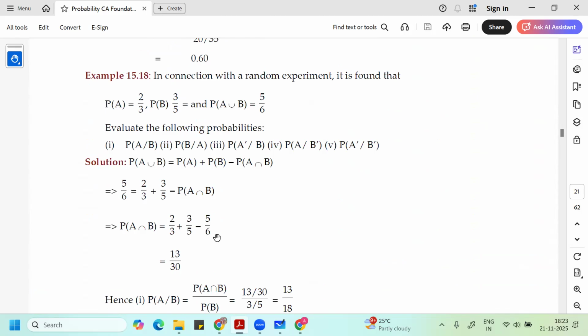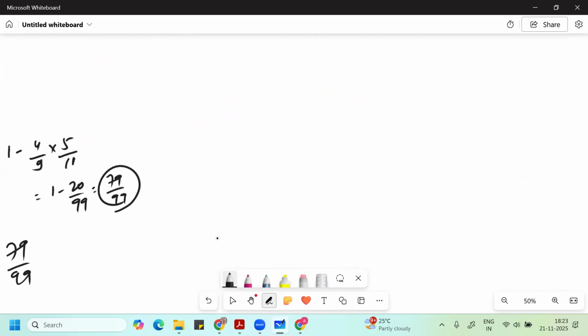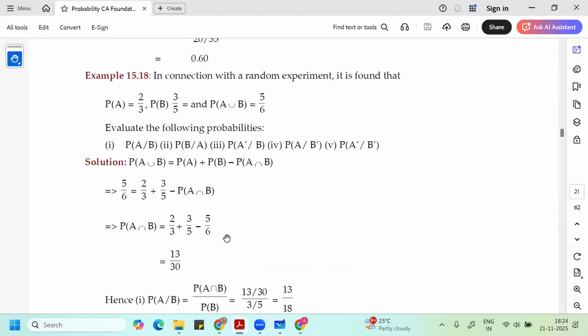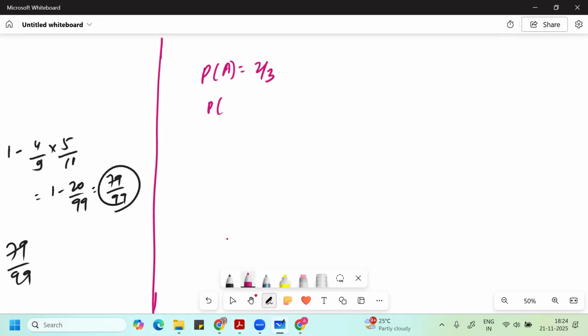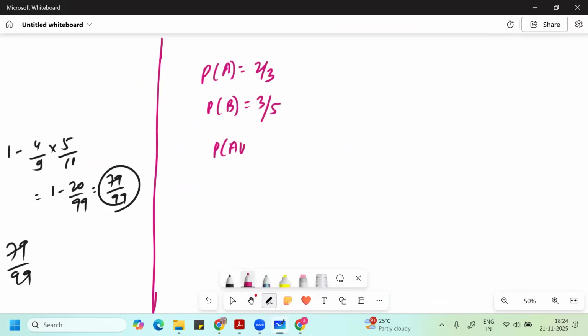Clear? So like example 15.18, if you see this example, A is 2 by 3, B is 3 by 5, and A union B is 5 by 6.